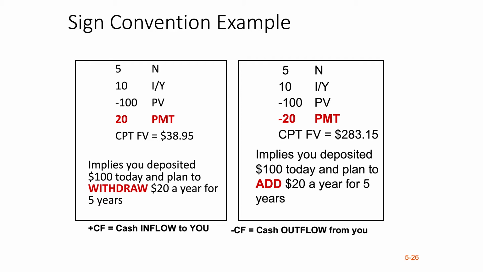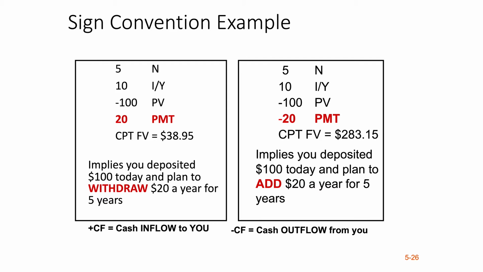Now, looking at the second one, you put a present value of negative 100, a down payment of 100, for 5 years, with an interest rate of 10%. The PMT is negative 20. That means you put in an additional $20 every year for 5 years.